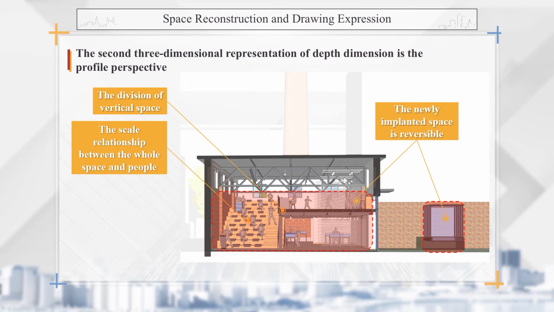In this case, the newly implanted space is reversible. After many years, if its function cannot meet the needs of that period, its demolition will not cause damage to the original historical building. This kind of design strategy can be used in your design.